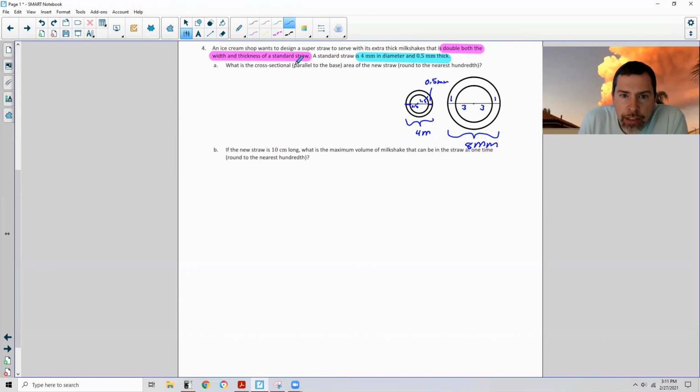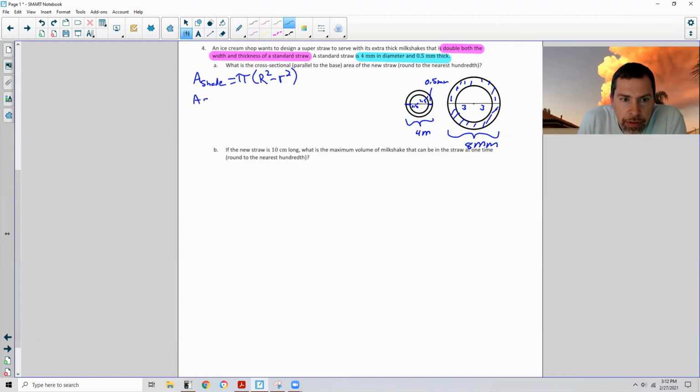What is the cross-sectional parallel to the base area of the new straw? This one here. So the area of a shaded region, if you will, or of the annulus, this part here, this would be shaded. That would be the straw. That's my shaded region there, equals pi times big R squared minus little r squared.